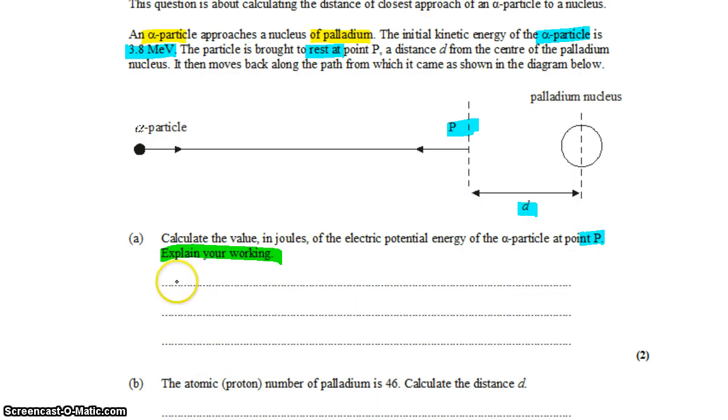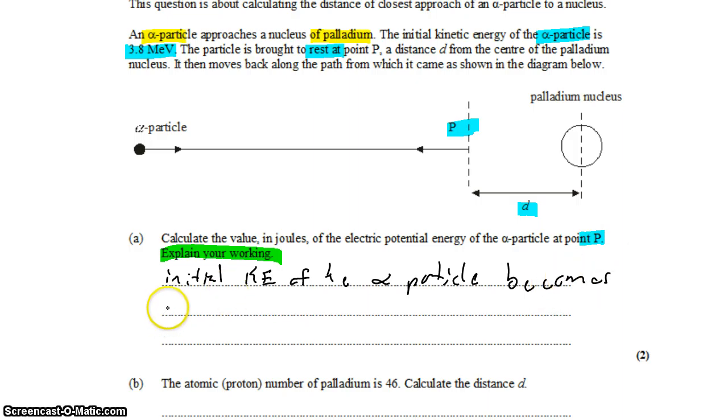Now the idea here is that the initial kinetic energy of the alpha particle becomes electric potential energy. We're losing kinetic energy as we gain potential energy, and at this point, all of the kinetic energy is gone.